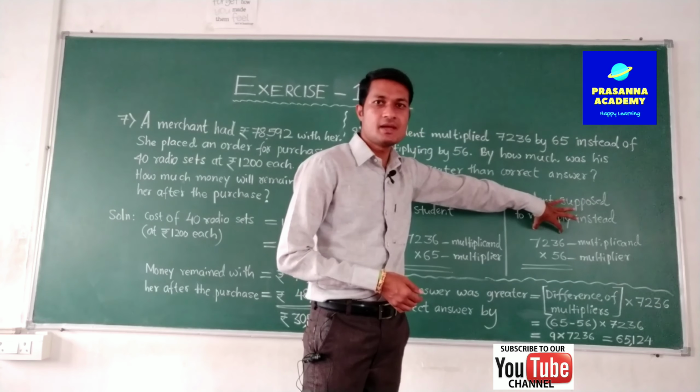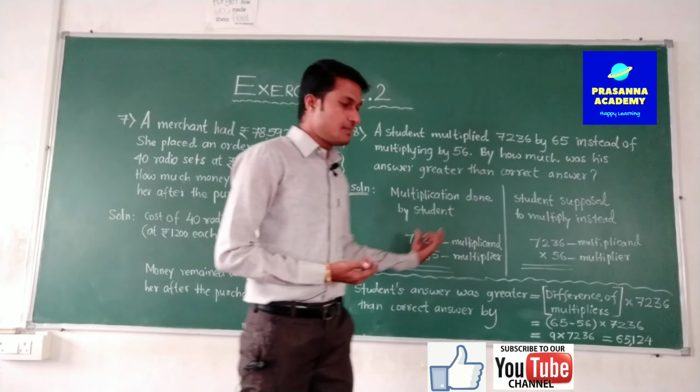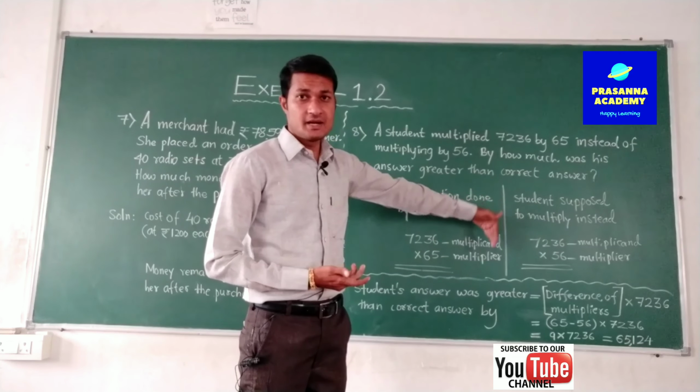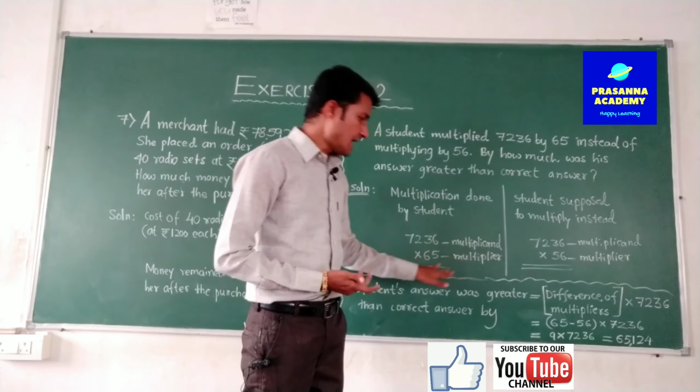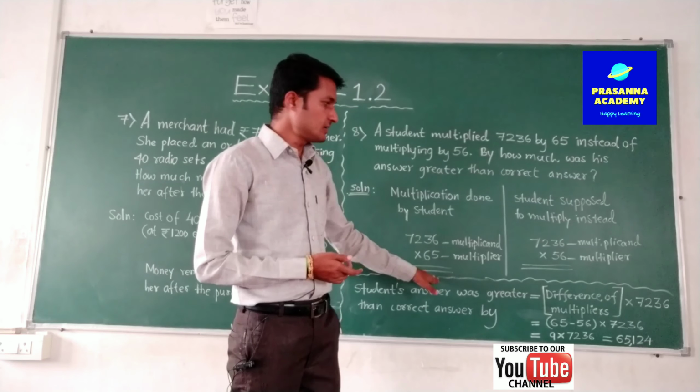Actually he has to make this calculation, but accidentally he made this calculation. Obviously there is a big difference between this product and this product, but what is that difference, that we need to find out.